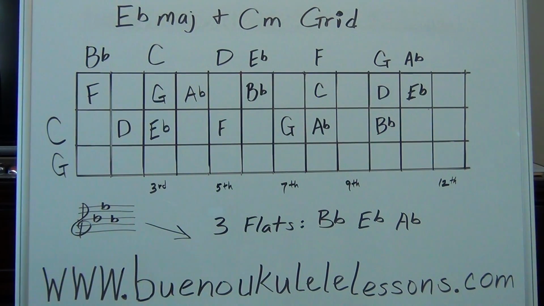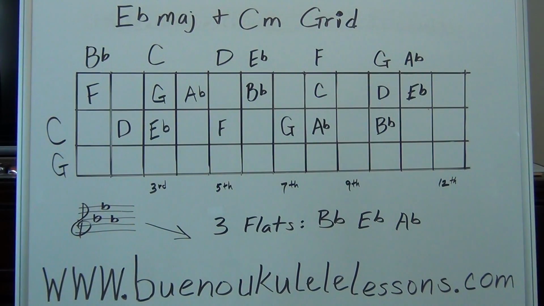There are folks who do play in the key of E flat, but it's not a popular key, and the reason being is that you have 3 flats in it, and you just have to be aware of the flats when you're playing. But C minor, we're going to go over the grid so that if you're playing in the key of C minor, you can utilize all the notes that are playing.